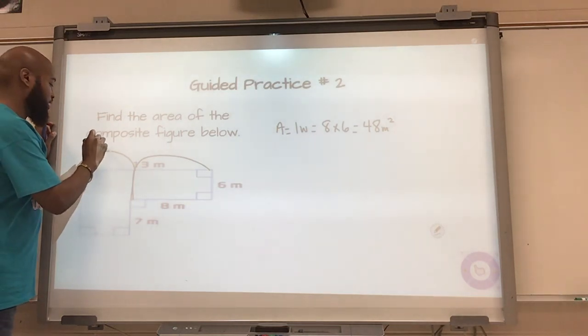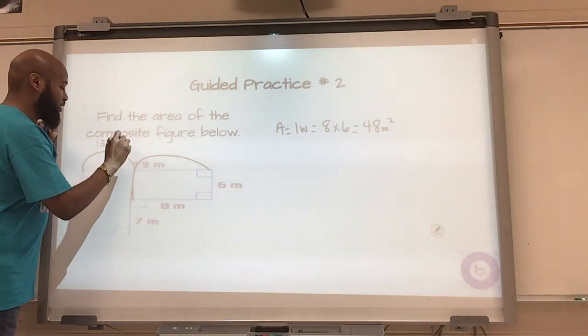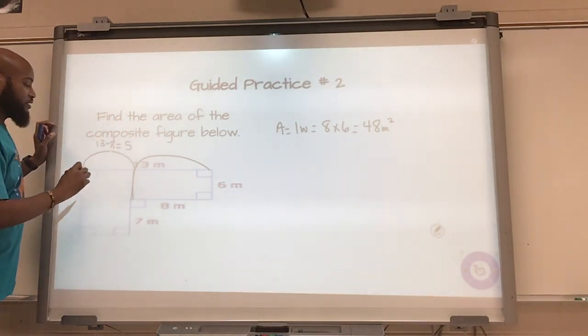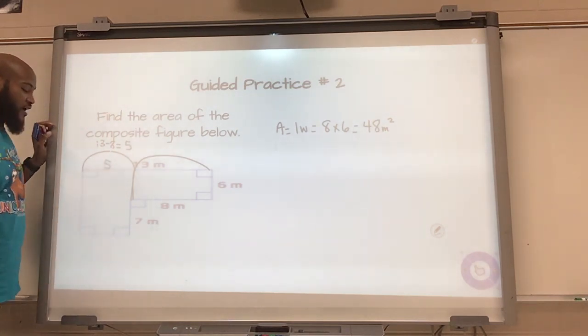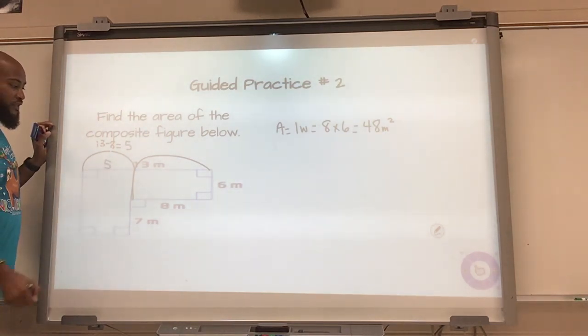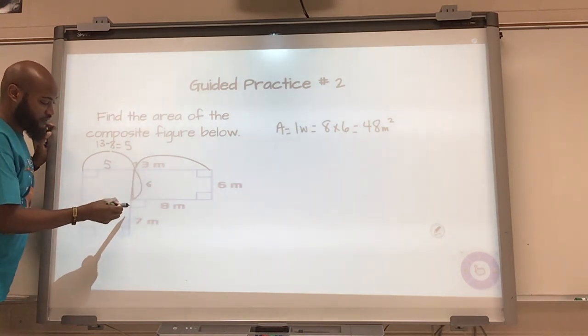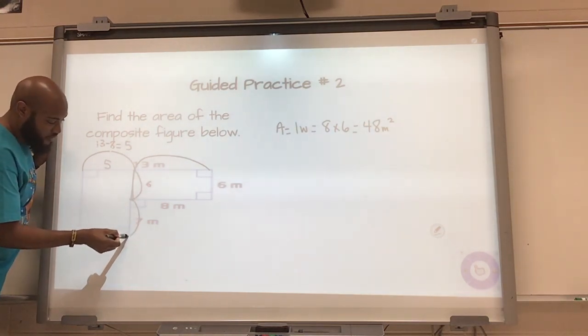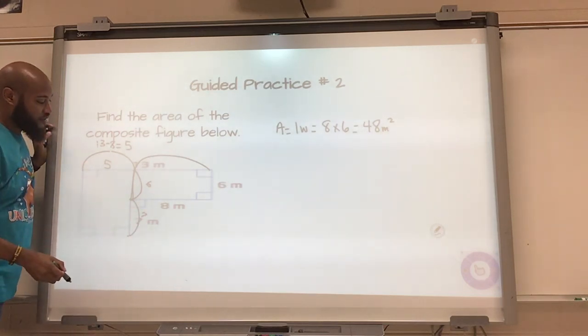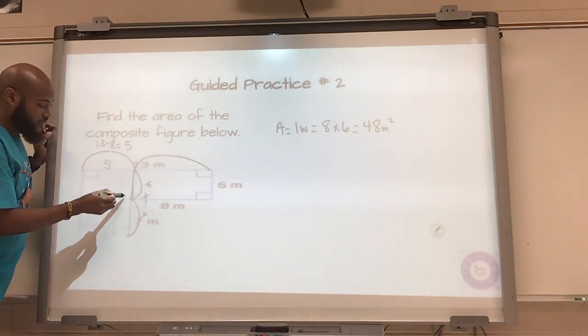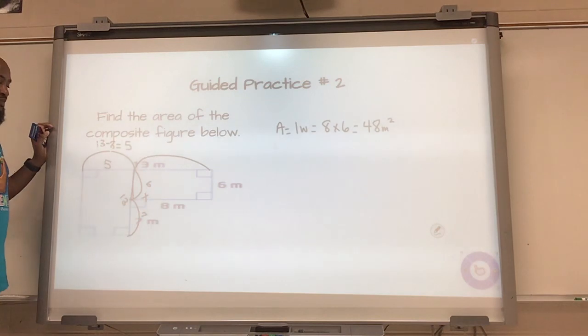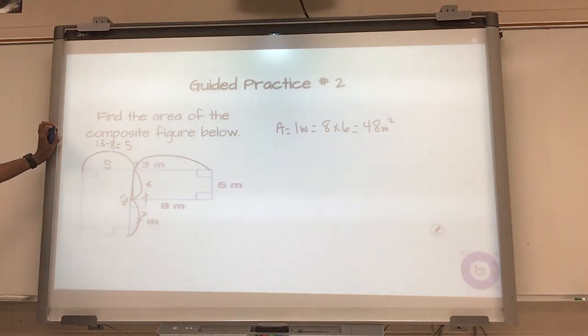We will take 13 minus 8, and we will get 5. So this measurement will be 5. If this part to here is 6, and this part to here is 7, we will add those together to get this length. 6 plus 7 equals 13.